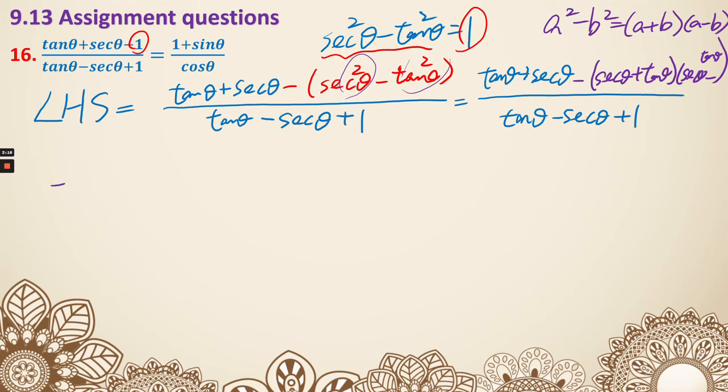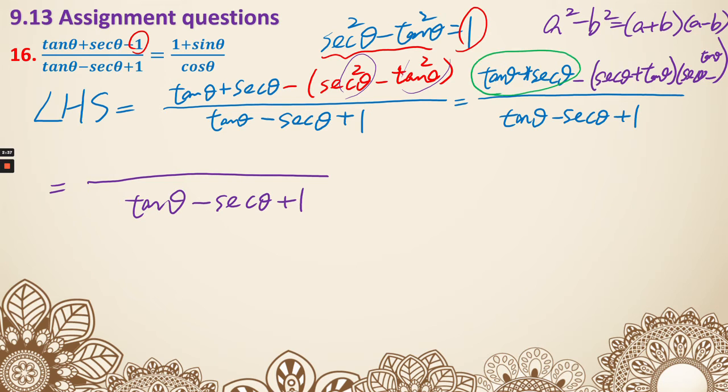Okay, so I can have the next step as tangent theta minus secant theta on the bottom plus 1. As for the top, if you actually notice, the first part I have this tangent theta plus secant theta. The second part I also have this secant theta plus tangent theta.